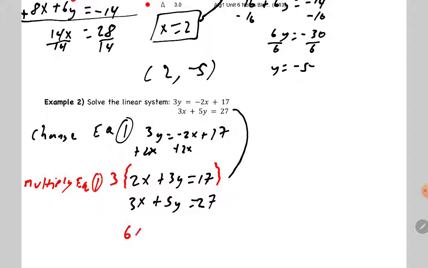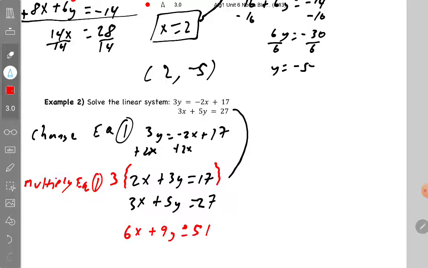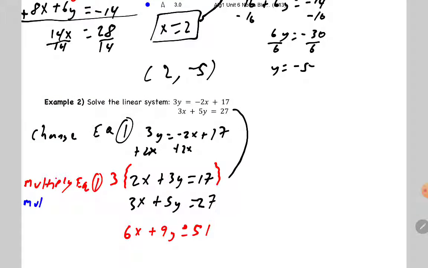So I'll get 6x plus 9y equals 17 times 3 is 51. Okay, but that doesn't still match. So I'm going to multiply equation 2 by negative 2.